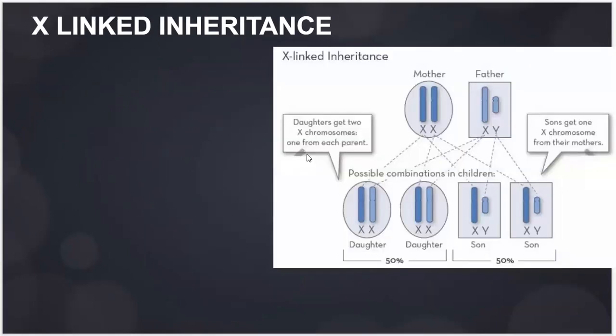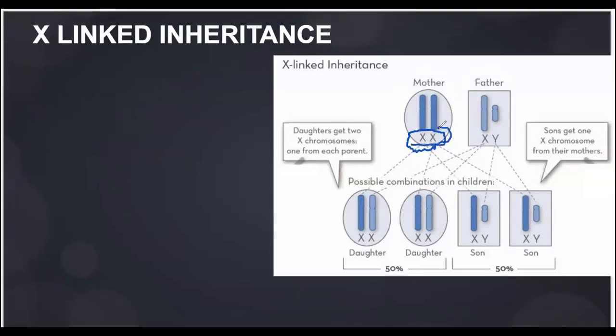Okay, let's begin with the first type, that is X-linked inheritance. So you should know that a female will always have two copies of the X chromosome, and a male will always have one copy of X and one copy of Y. So if we do a cross, the mother will always contribute X because both the copies of her sex chromosome are X only.